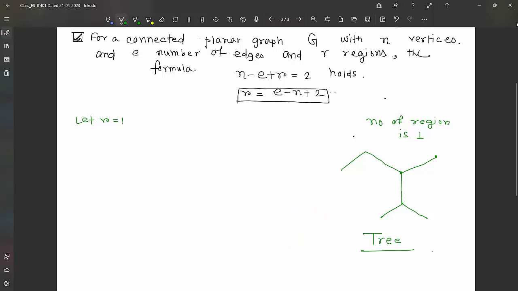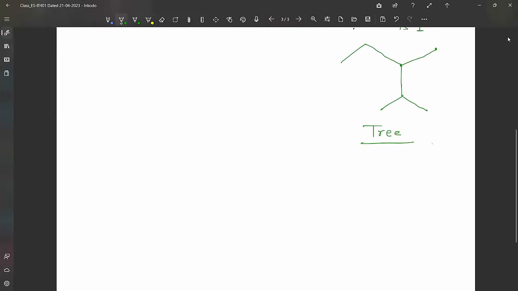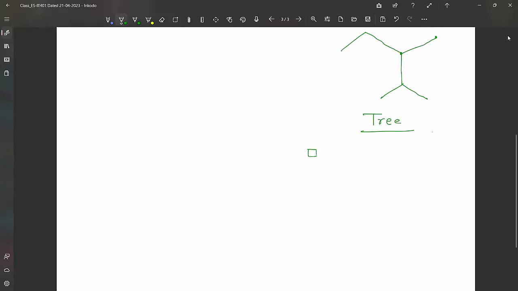For the tree there is one very famous and important property. The property is: a tree of n vertices has how many edges? It has n minus 1 edges.